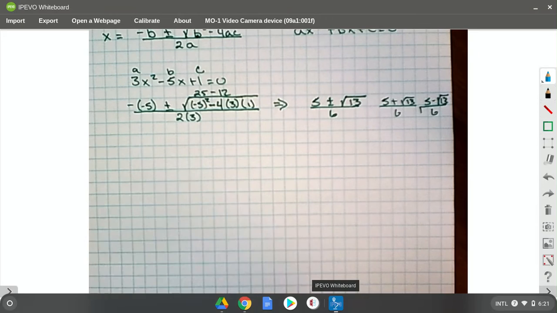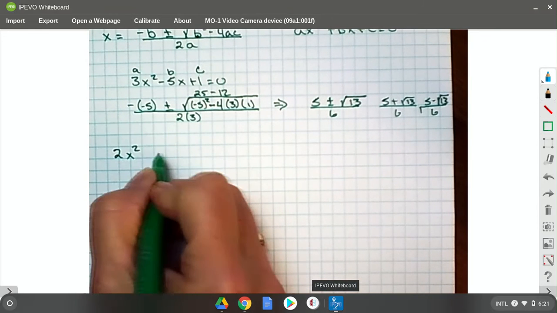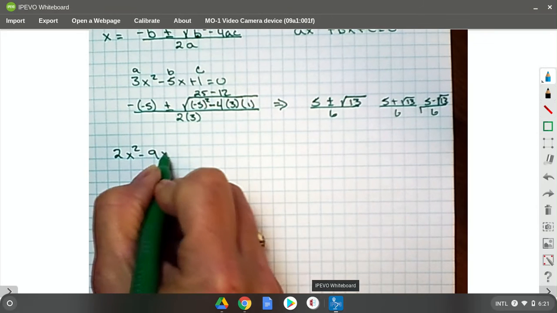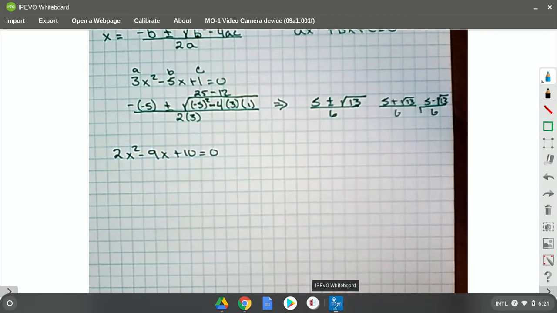All right, so let's try another one. I have 2x squared minus 9x plus 10 equals 0.